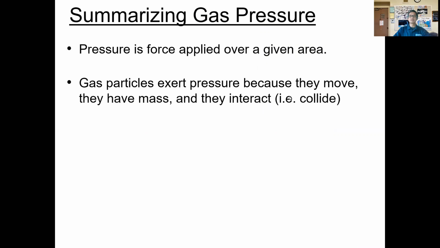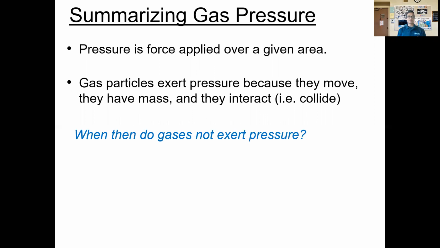Gas particles, as they move around, will exert a pressure because they collide with everything around them, and the number of gas particles is what this mass is supposed to represent. If you have a large concentration of gases, the mass will be greater. You have more particles floating around.